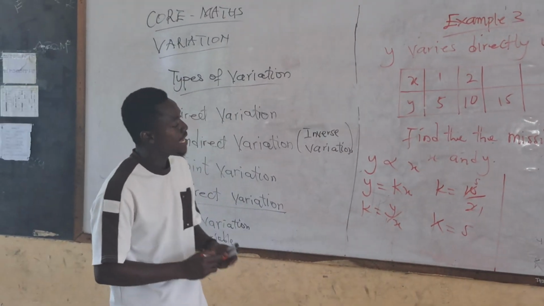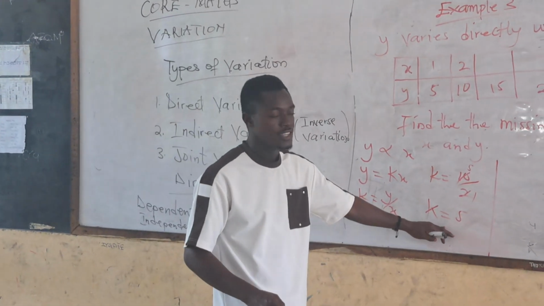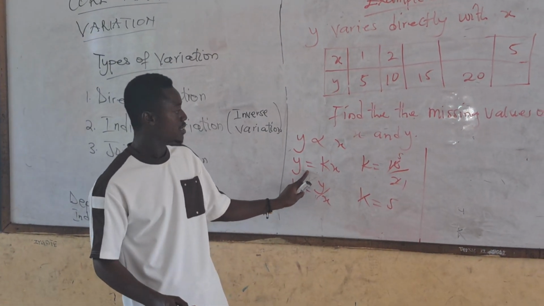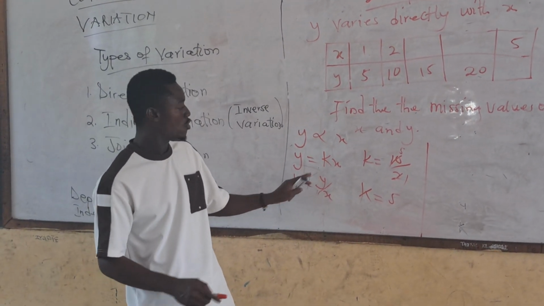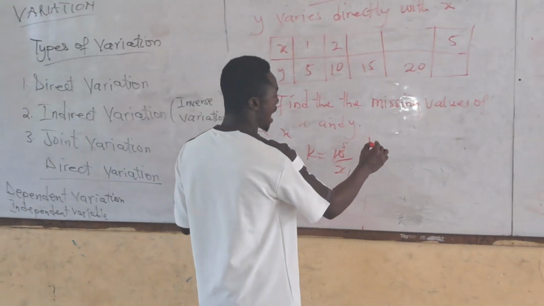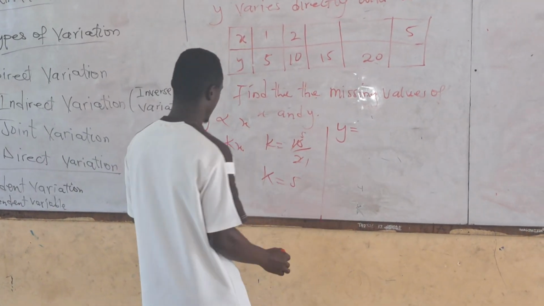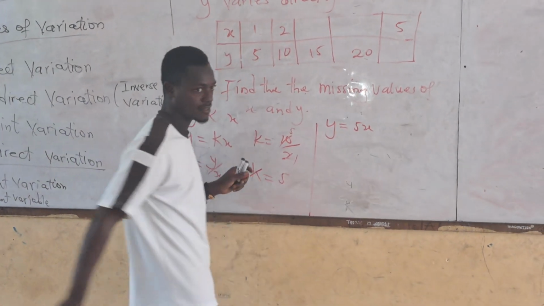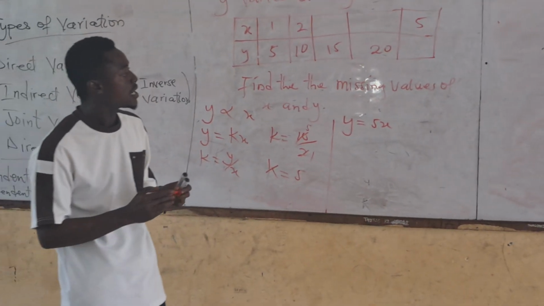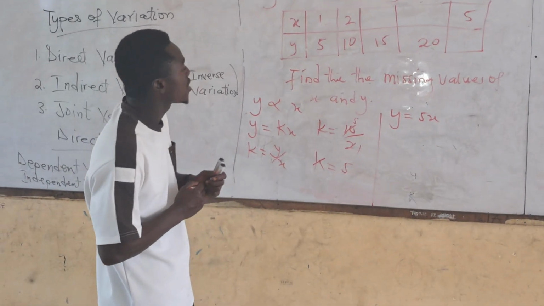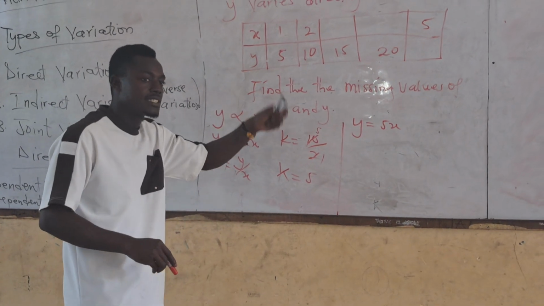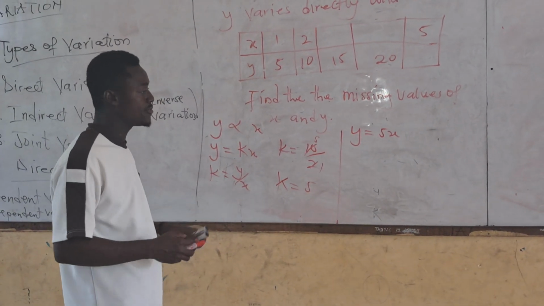Now, after you've done solving for k, we substitute the k back into the equation. So we are going to have y equals 5 times x. Now from here, you can solve any missing value at all.